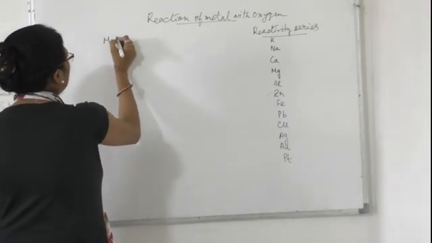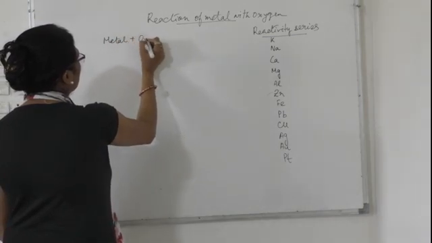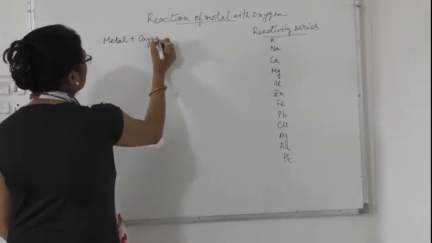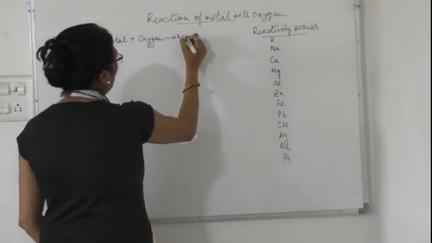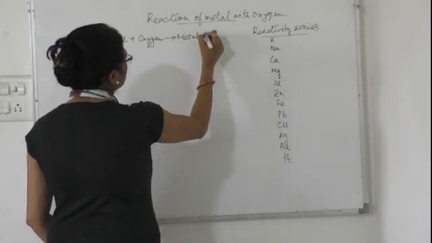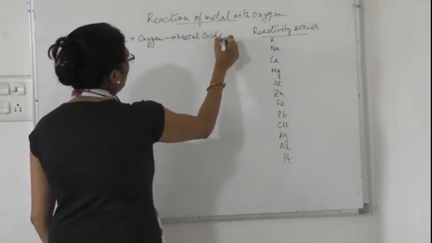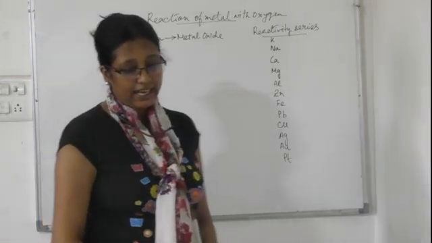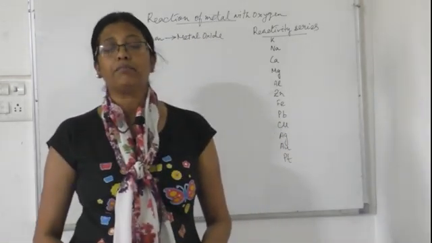Whenever a metal is reacting with oxygen, it is forming metal oxide.